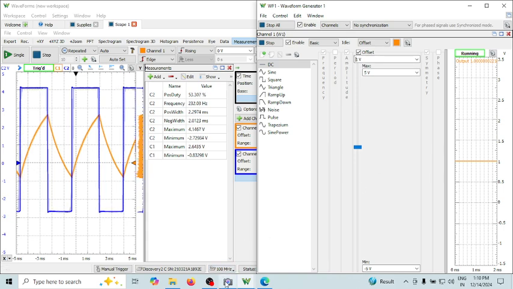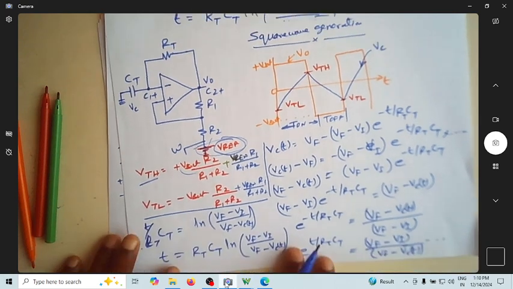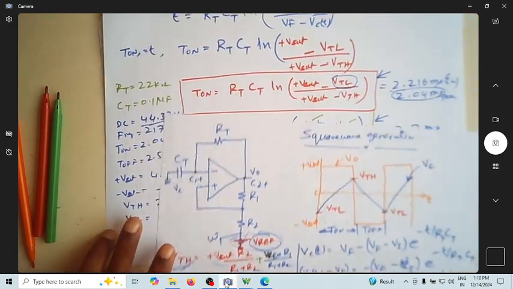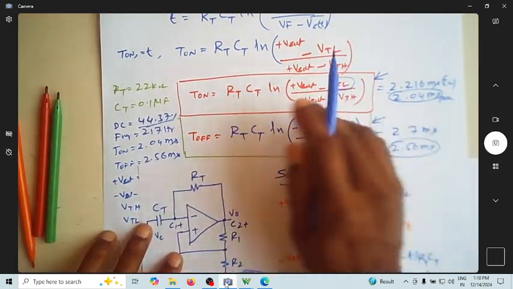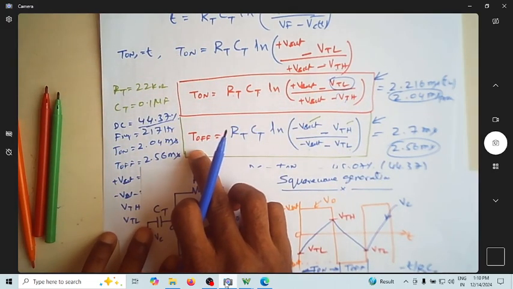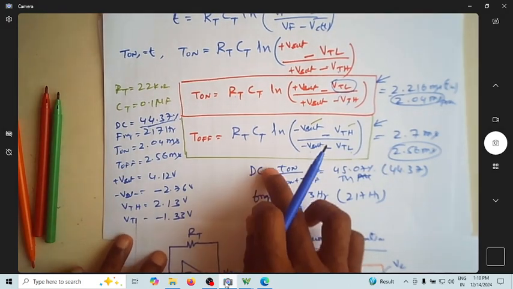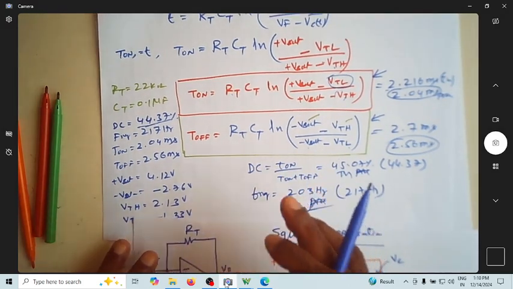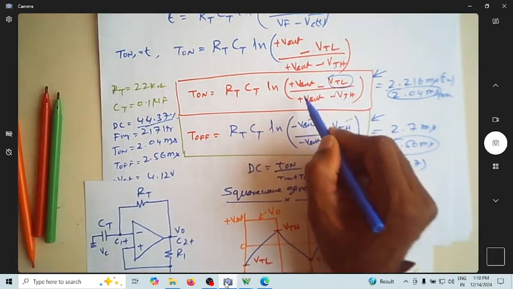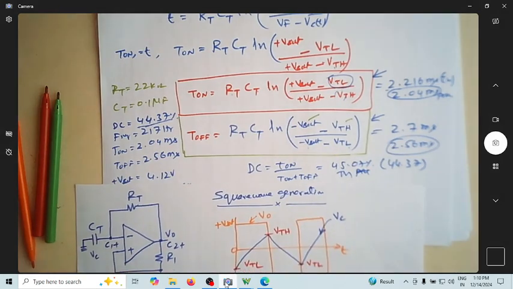When I change V reference, VTH will change, VTL will change. So when VTH and VTL change, naturally T on as well as T off will change. So when T on and T off change, naturally the duty cycle will change, the frequency will change, everything will change. What remains constant is plus Vsat and minus Vsat.